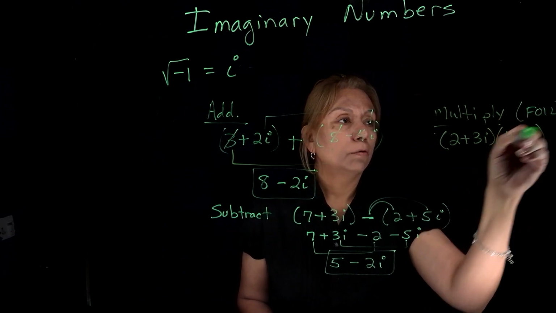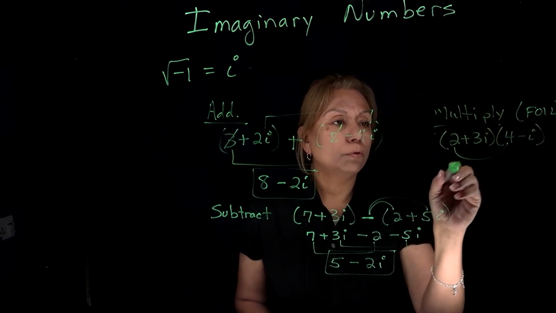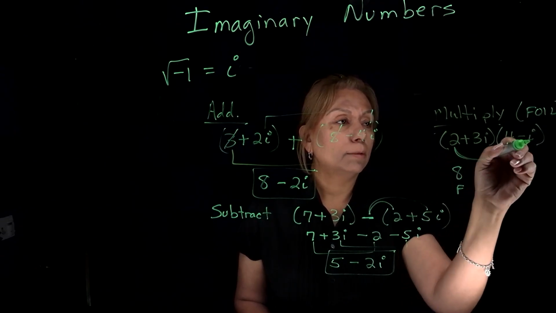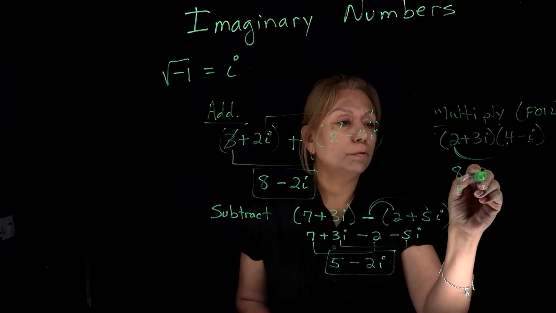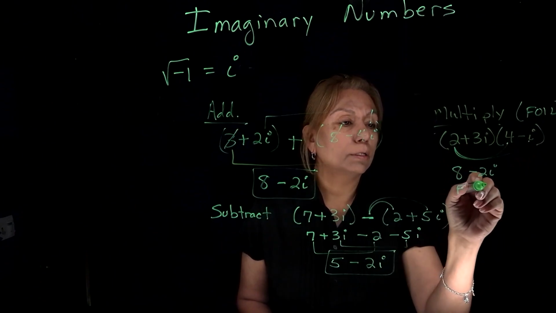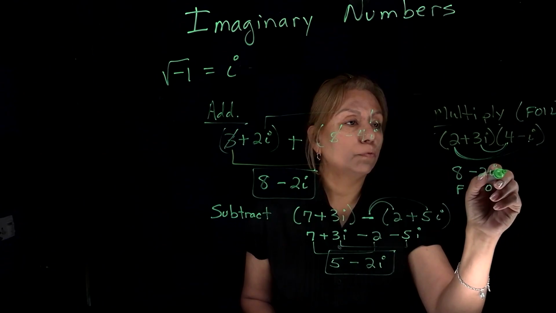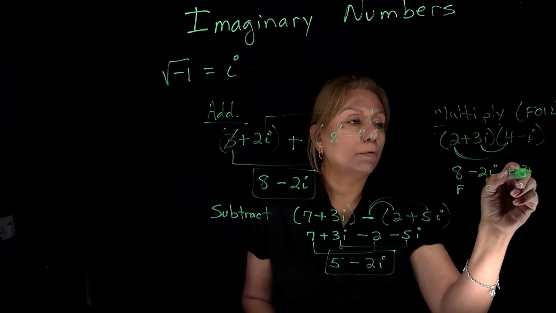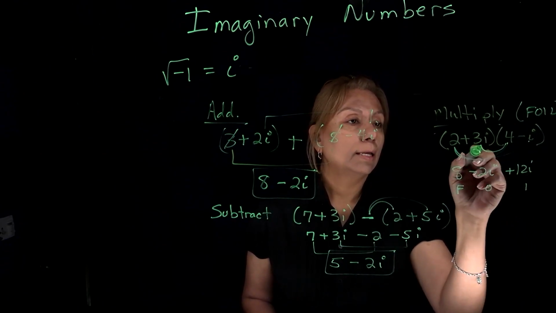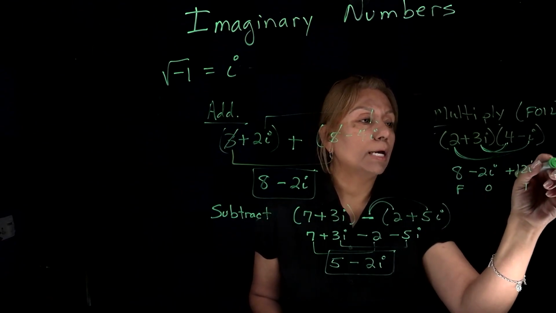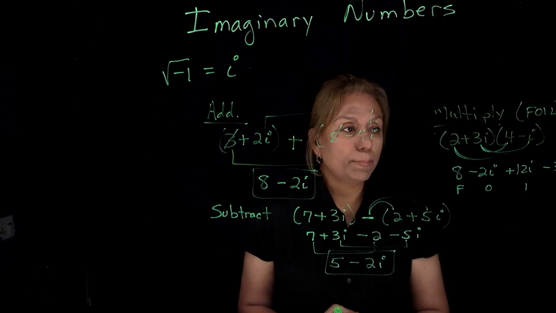First, 2 times 4, 8, that's your F. 2 times negative i, negative 2i, that's the outer, that's the O. The inner is 3i times 4, plus 12i, that's the I. And then 3i times negative i, negative 3i squared. You treat that i like a base.